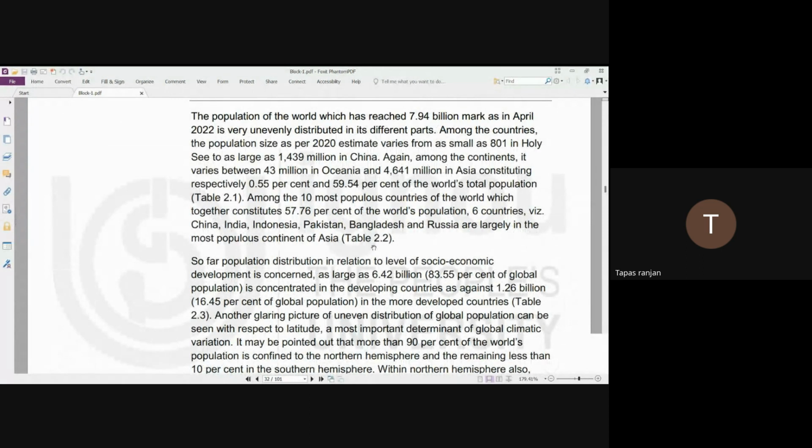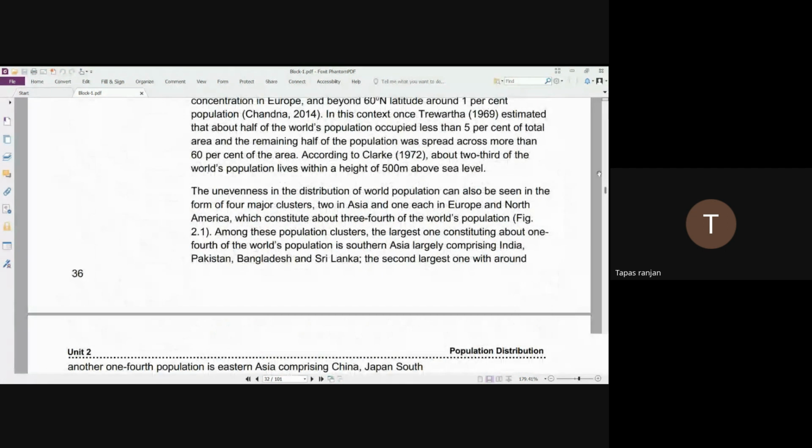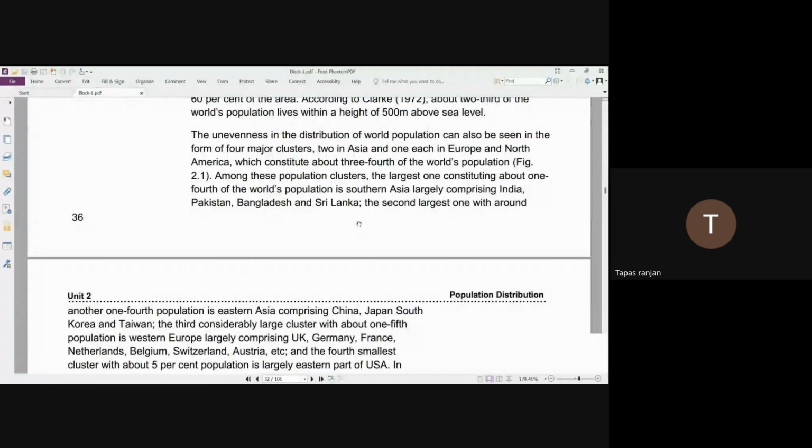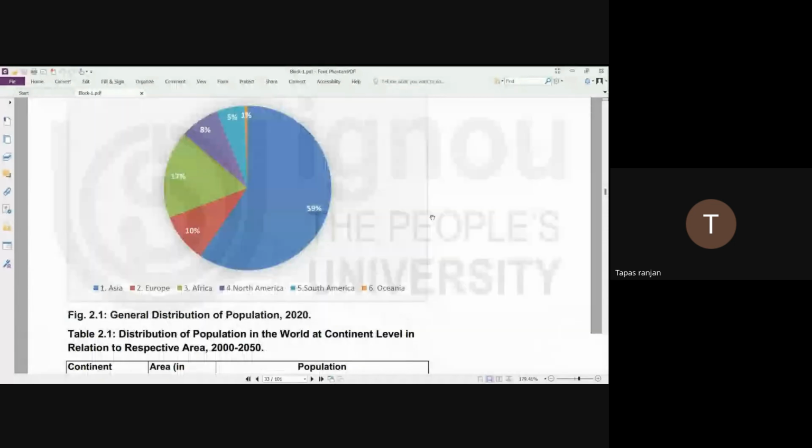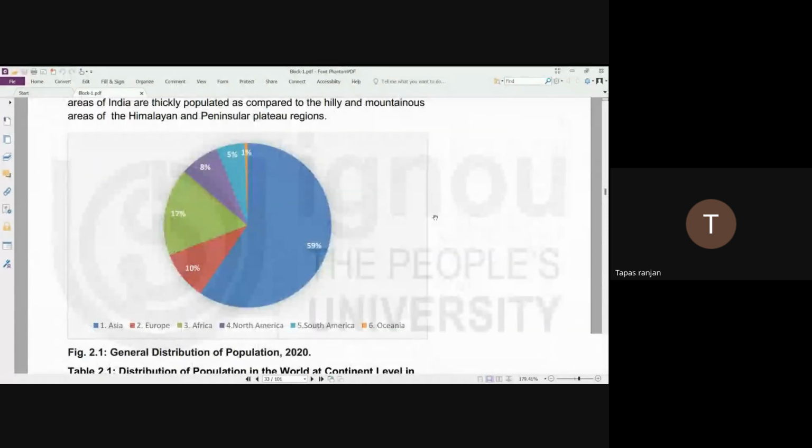Asia is at the top in terms of contributing population to the world. Around 60% of the world's population resides in Asia, and Asia has somewhere around 30% of the world's land. It is a very populous continent, and there are different factors which support Asia.